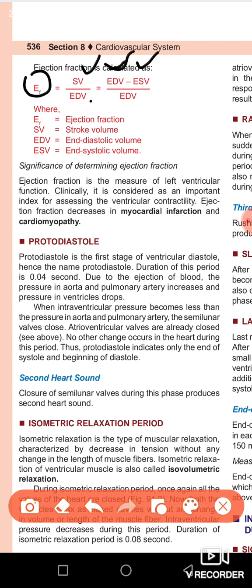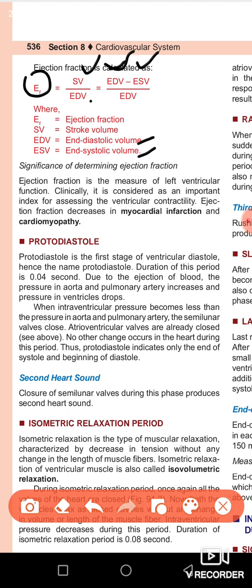End diastolic volume and end systolic volume mean the volume calculated at the end of relaxation and at the end of contraction. End diastolic volume means the volume which remains after the ending of diastole, and end systolic volume means the volume which remains after the contraction.